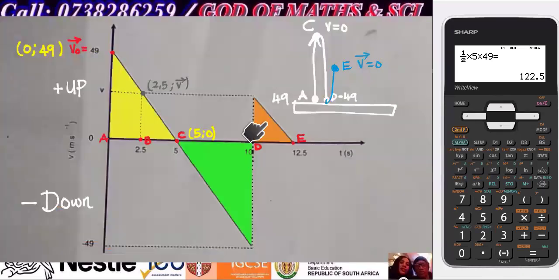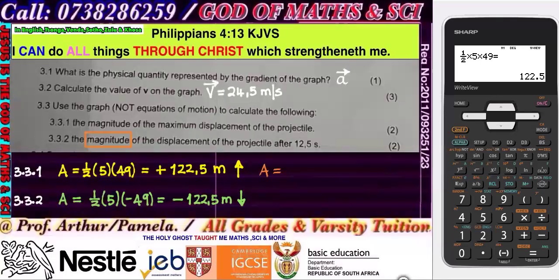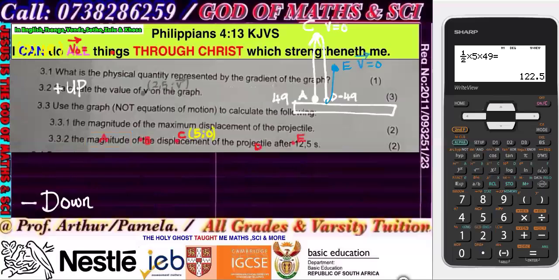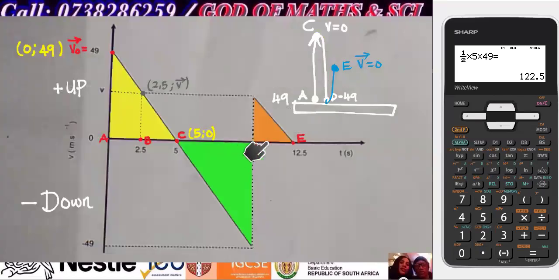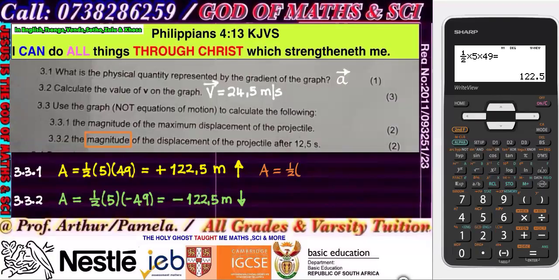The orange part is also a triangle, so it's going to be half. And then we need the base. The base is from 10 to 12.5. So you take 12.5 minus the 10. It must be 2.5. You can work it out in your head. It's 2.5.